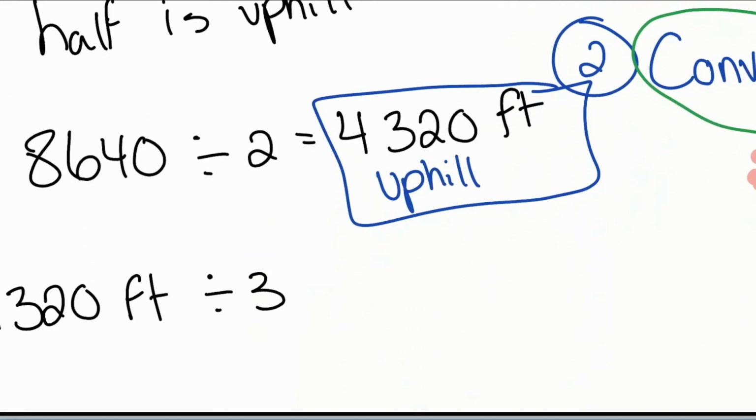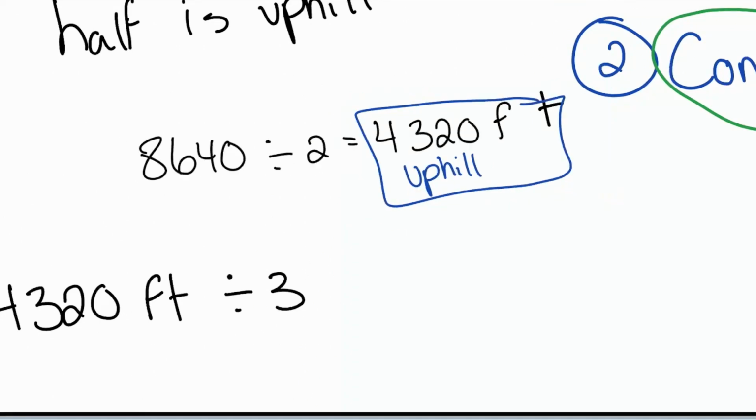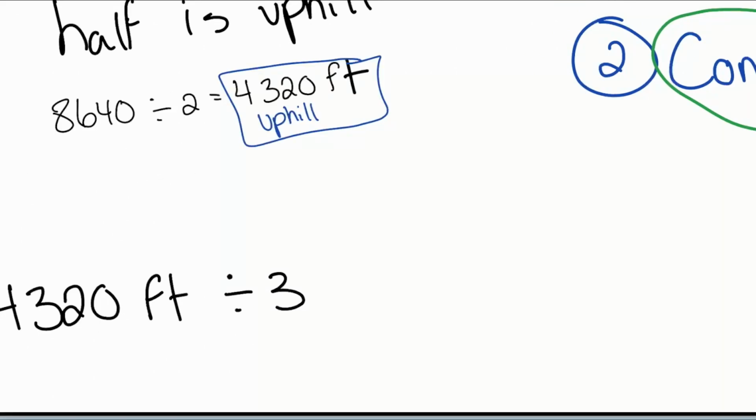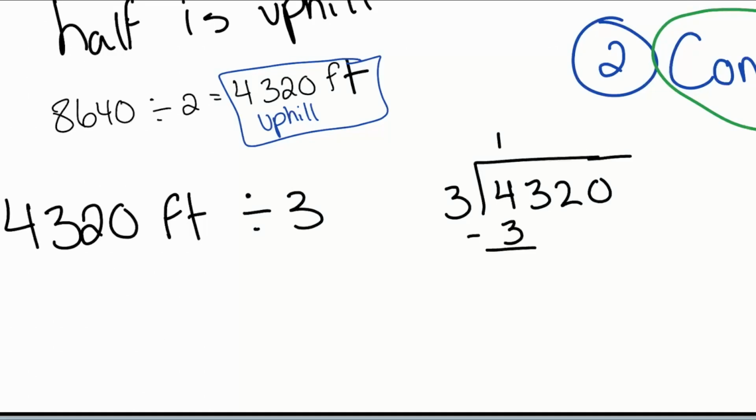And we can do some long division right down here. Let me just move some of this a little bit out of the way. Perfect. And then let's just take this and move it up slightly. And let's do that division by 3 to do the conversion. So 3 going into 4,320. Take it one step at a time. We're going to do 3 going into 4 once with 1 left over.